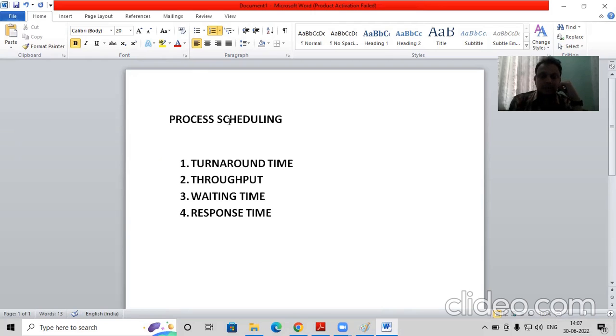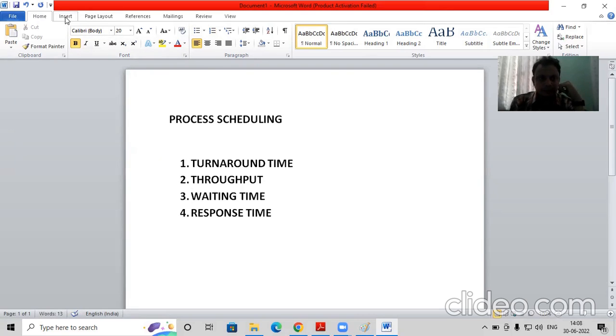And what is the objective of process scheduling? Our objective of process scheduling is to keep the processor busy all the time. That is, our processor should never be in idle mode. All the time it should run some process. That is our objective. Now, in the ready queue, suppose many processes are waiting.